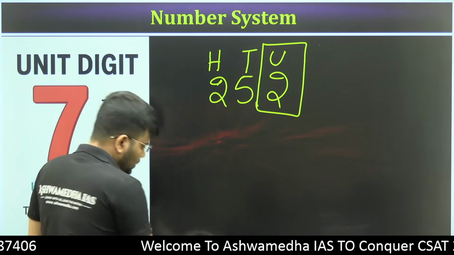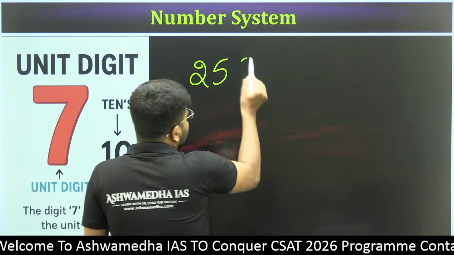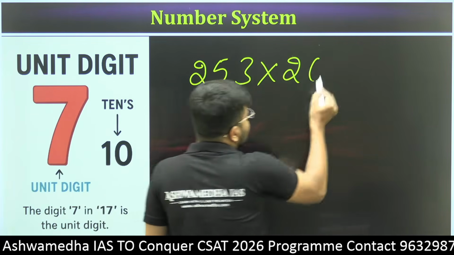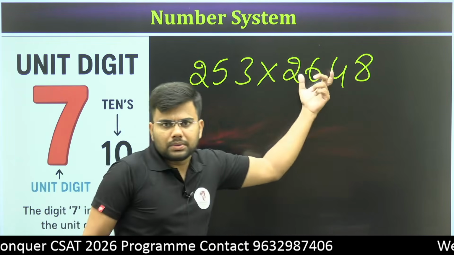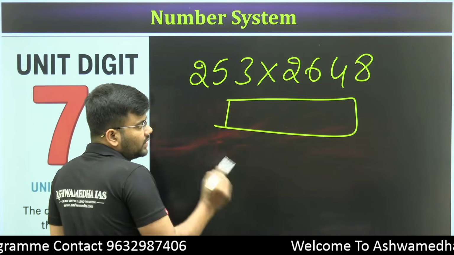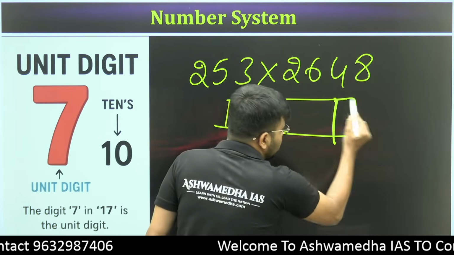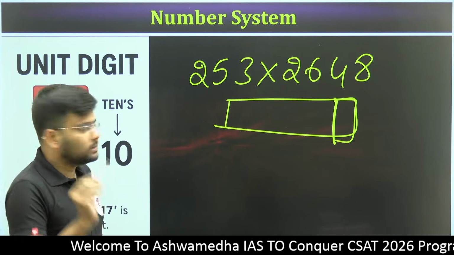Example, now if it is 253 into 2648. Once you multiply these two numbers, you will get a product. To find the unit digit of this product, you're supposed to multiply only the digits in the units place of these two numbers.